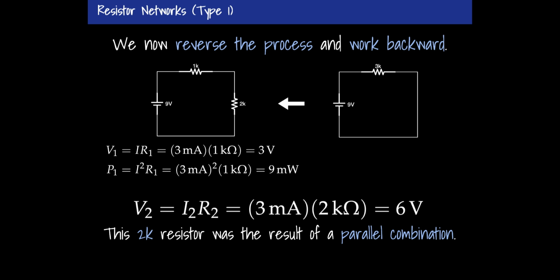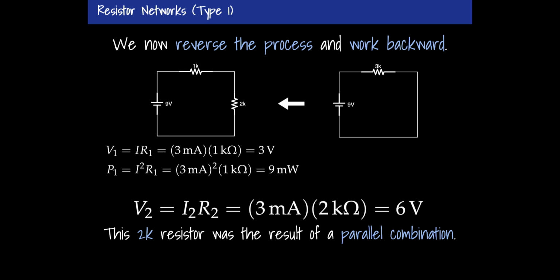Now remember that a series combination means same current, which means the 3 milliamps of current I discovered were running in this circuit, that's the 3 milliamps of current that are running here. That means there's 3 milliamps of current on the 1K resistor, there's 3 milliamps of current on the 2K resistor.